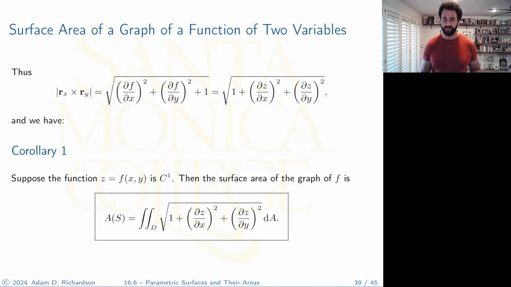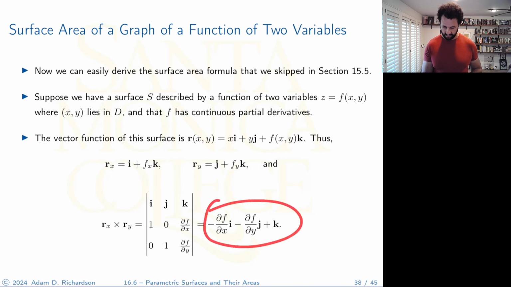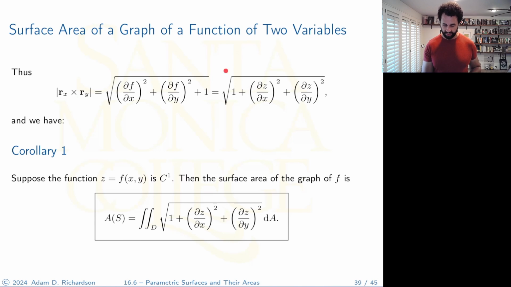I'll leave that to you to verify, just using this right here. Find the length of that vector. And then we get this expression here. It doesn't really matter which order you write these terms in the radicand. I just did it both ways so that we can do some structural comparisons. But this is the length of that cross product.